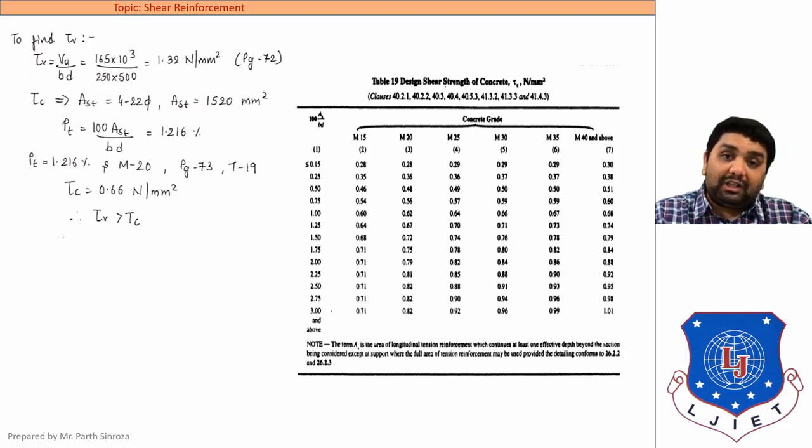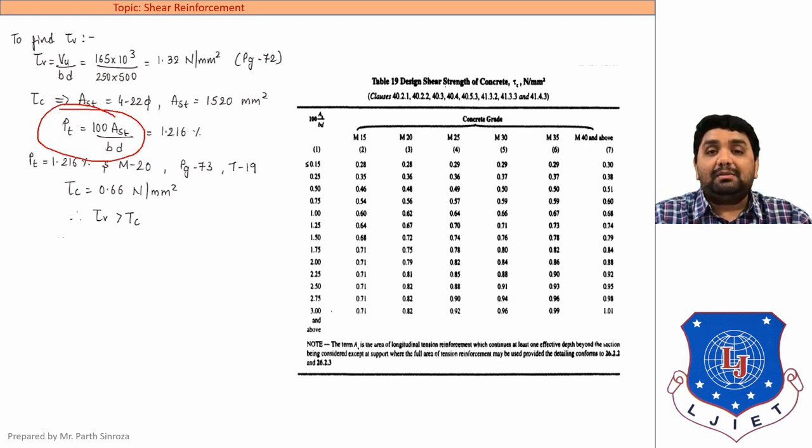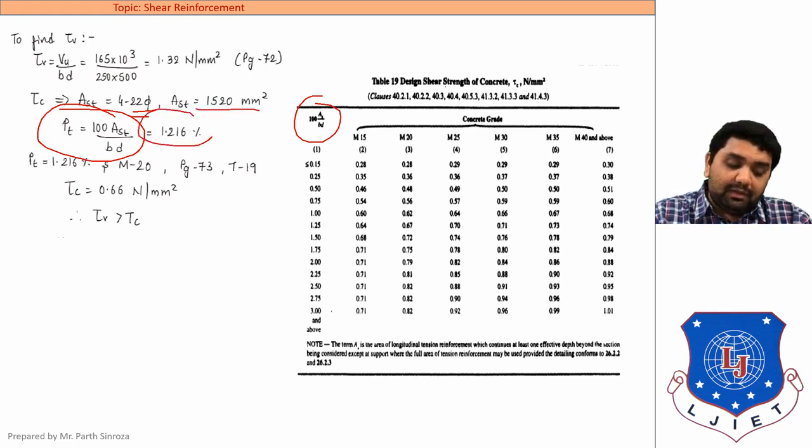So for tau c we need to find pt, and pt can be obtained from this equation, that is pt equal to 100 AST by bd. Here you can see it is mentioned also 100 As by bd. As is nothing but AST. And the steel content is given in the question, that 4 numbers of 22 mm diameter bars are used. So AST comes out to be 1520. Substituting it here, we get pt equal to 1.216.